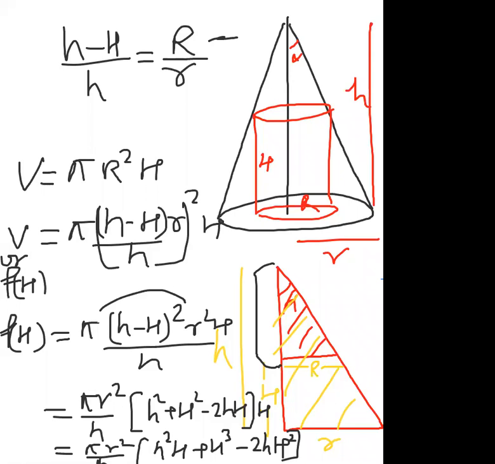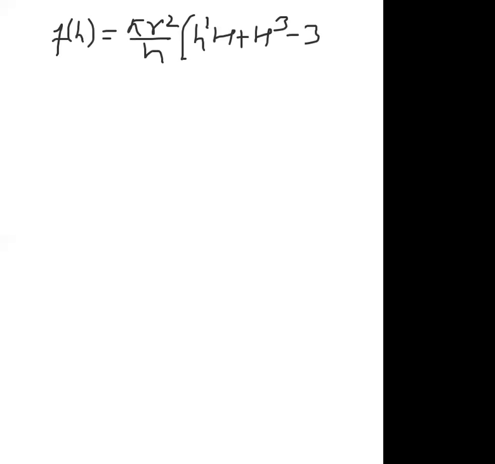So we are taking this to the next slide. V(H) was equal to pi r square upon h square times h square H plus H cube minus 2hH square.